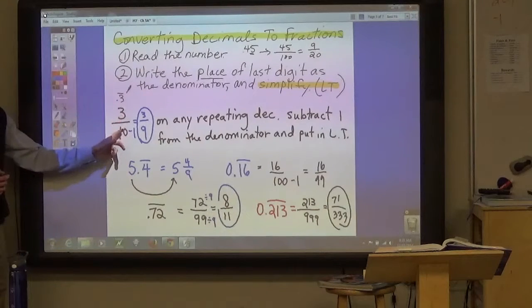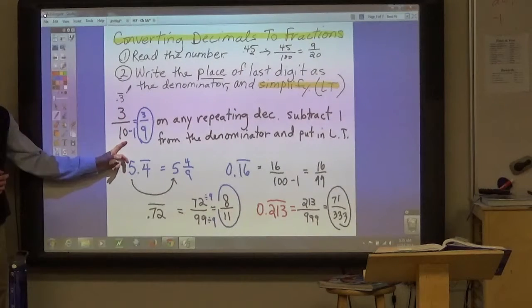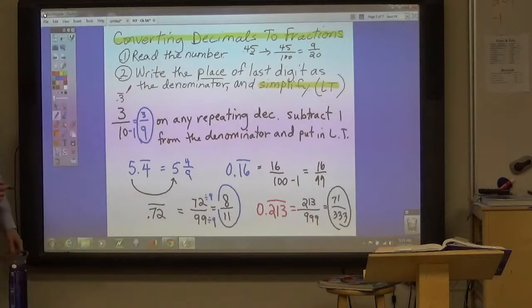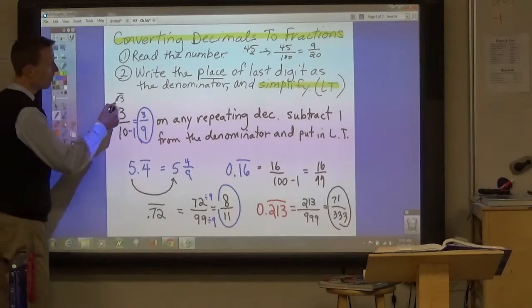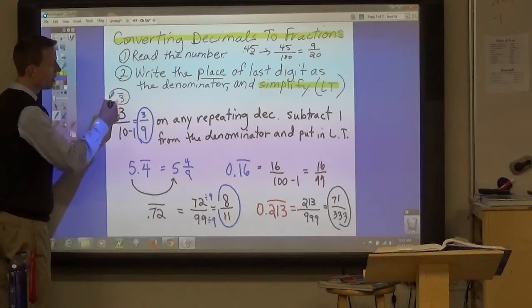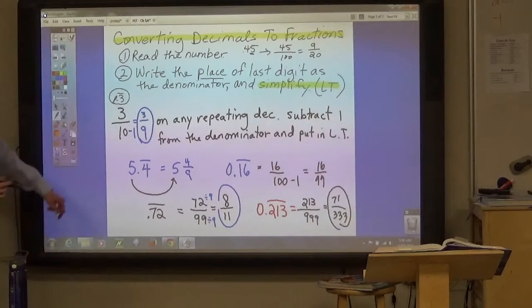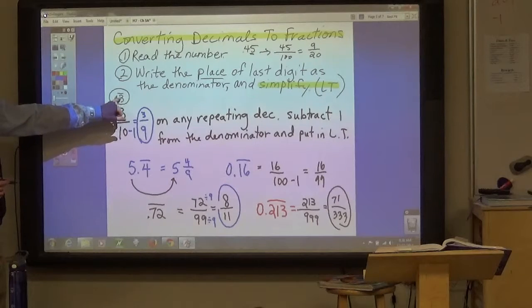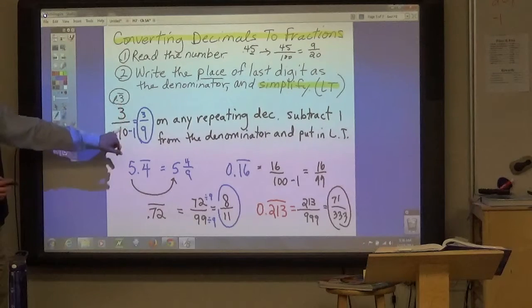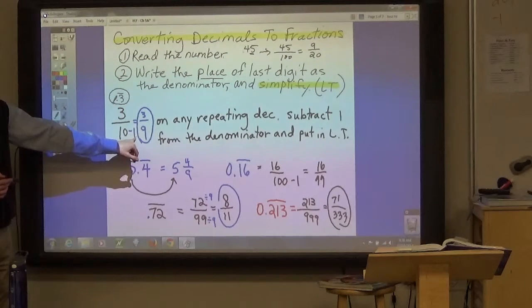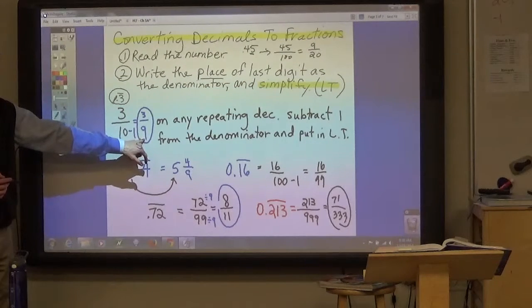If you did 3 divided by 10 on your calculator, you get 0.3, not 0.3 repeating. So, what you have to do is you have to look at this number and instead of writing 3/10, you have to take 1 away from the denominator and write 3/9.